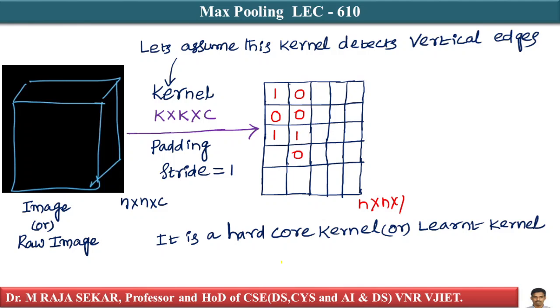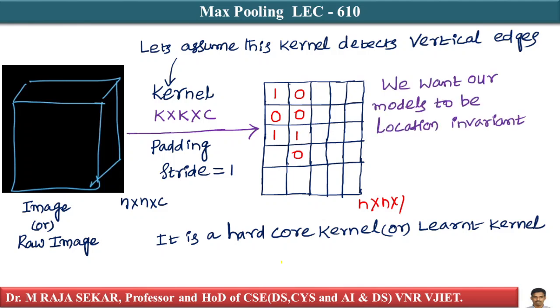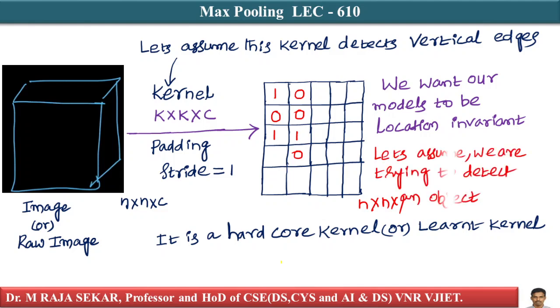One of the things we want is for our models to be location invariant, isn't it? What does location invariant mean? Let's assume we are trying to detect an object in this raw image.